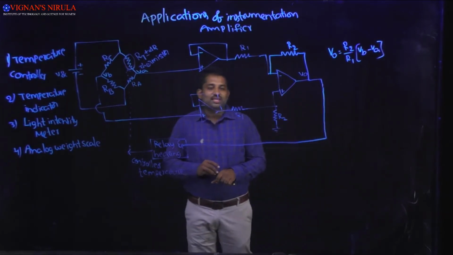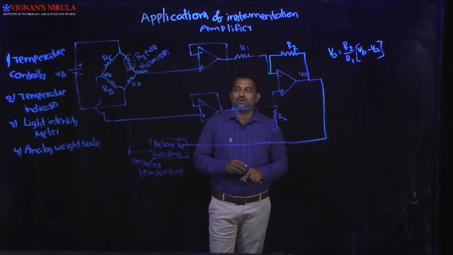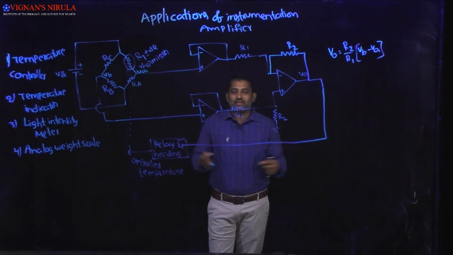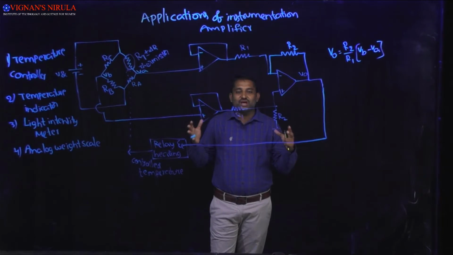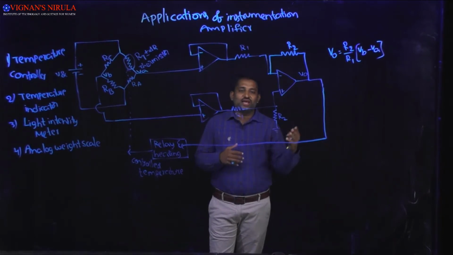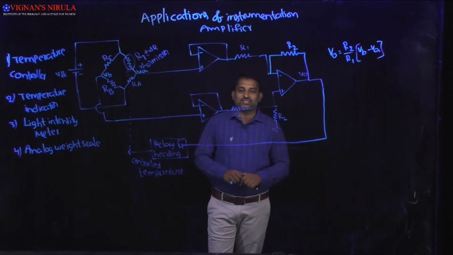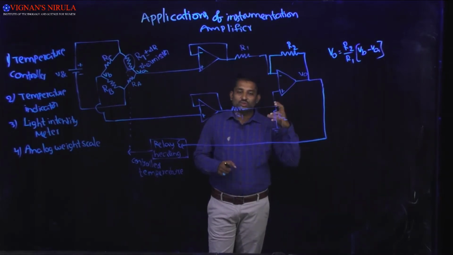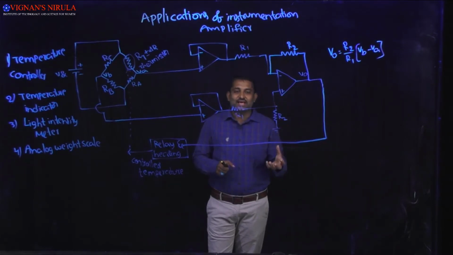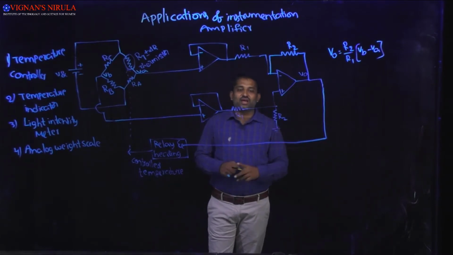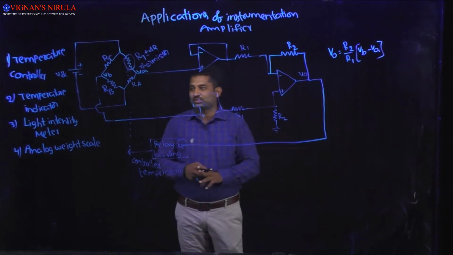So with this temperature indicator meter, we can clearly identify the range of temperatures for which the bridge is balanced as well as unbalanced. With this temperature indicator, we can design the accurate gain of the instrumentation amplifier.